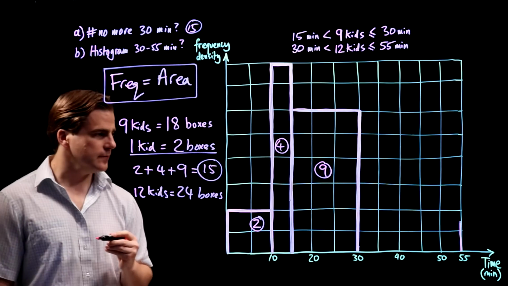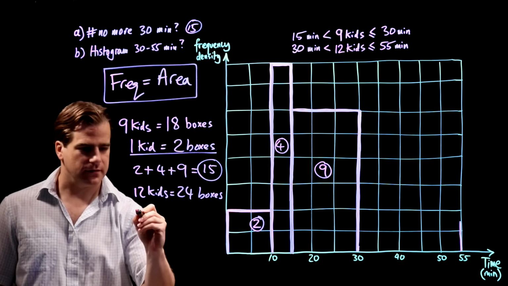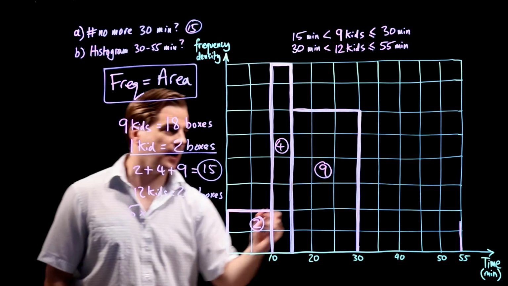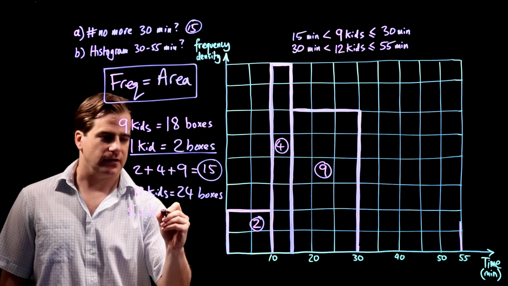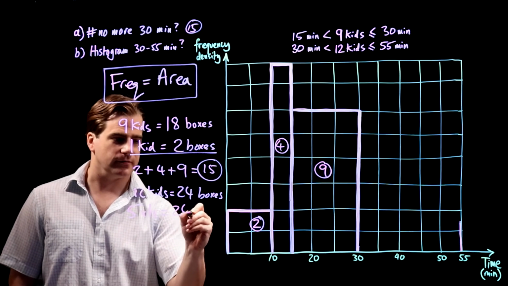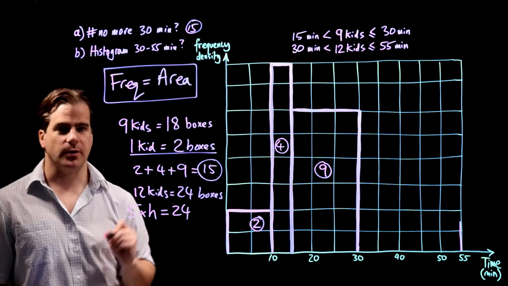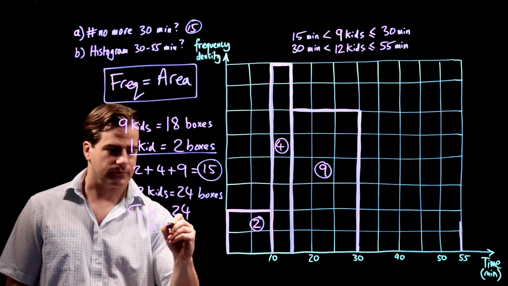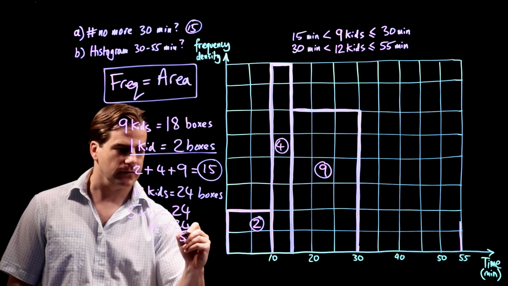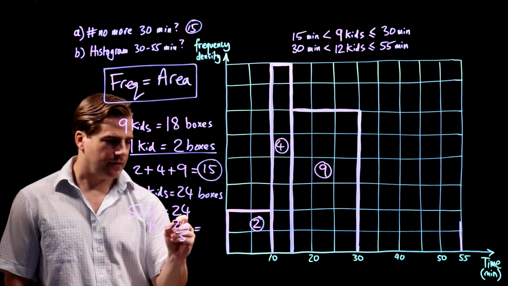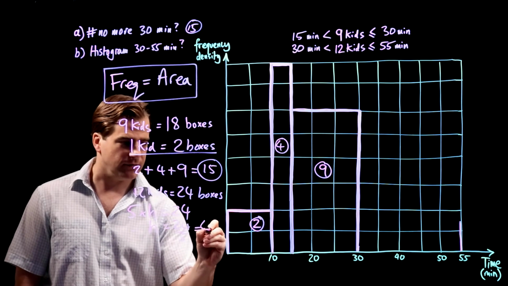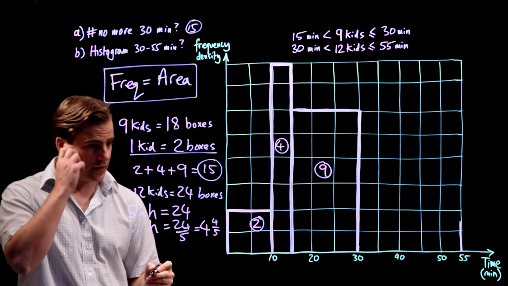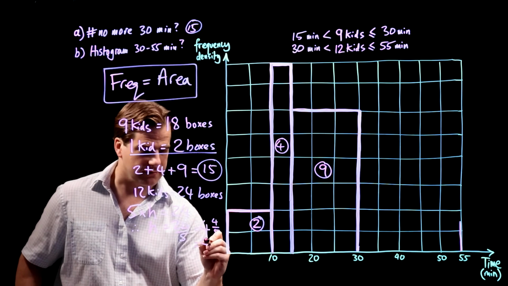So we know that 5 boxes times however high it's going to be, let's call it h, has got to equal 24 boxes, because that represents 12 kids. So h is just 24 over 5, which is 4 and 4/5, or if you like, 4.8.